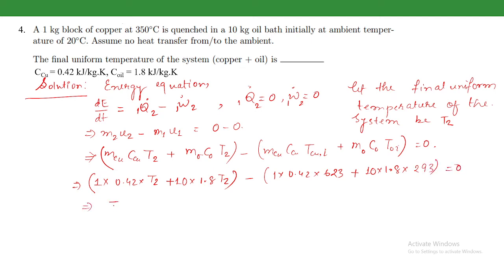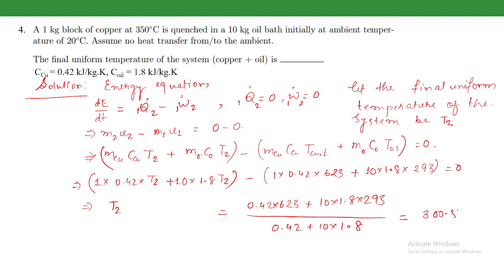So what is the final temperature? T2 equals 0.42 into 623 plus 10 into 1.8 into 293, divided by 0.42 plus 10 into 1.8. So this temperature comes out to be 300.52 Kelvin.